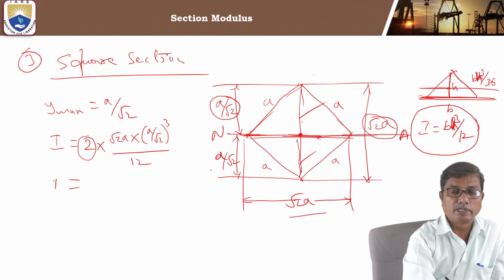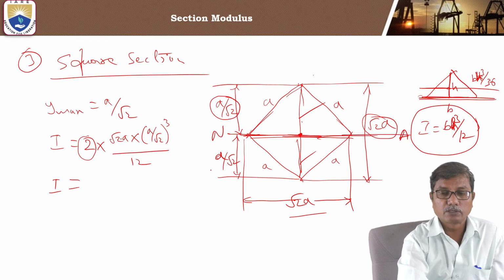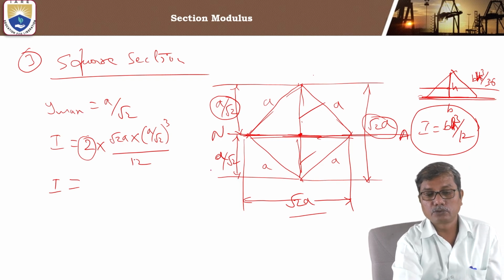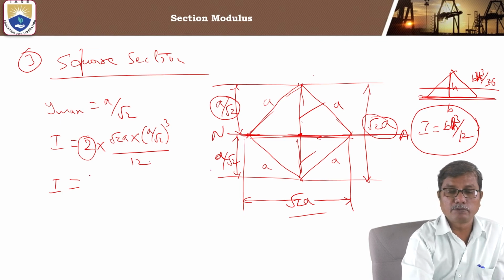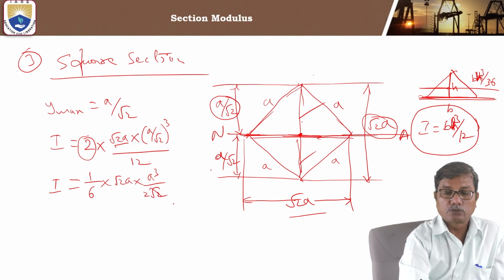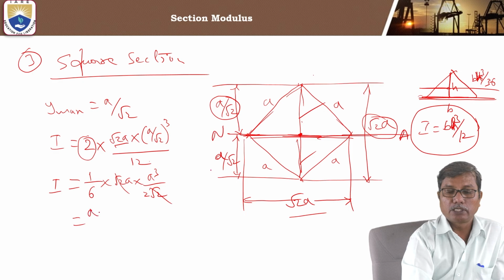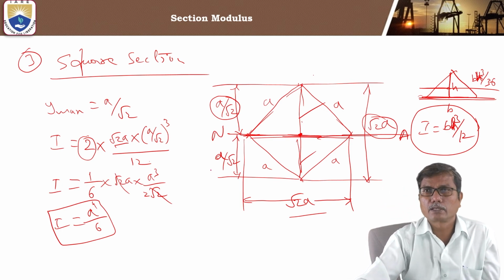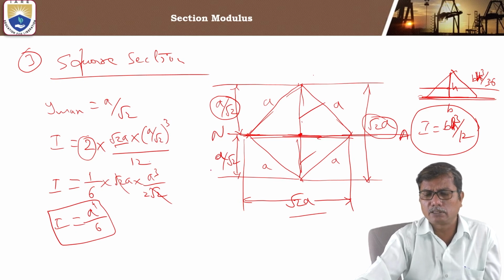So the moment of inertia is a cube by 2 root 2 into root 2 a. 2 by 12 means 1 by 6 into root 2 a into a cube by 2 root 2. So root 2 gets cancelled, and you will have a power 4 by 6 as the moment of inertia for a square section with diagonal horizontal.